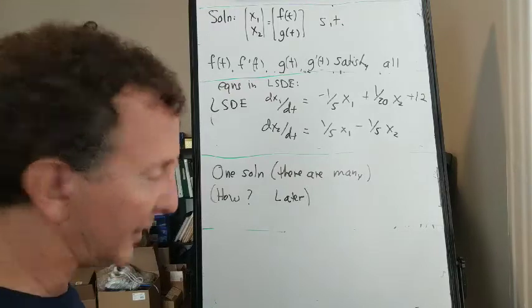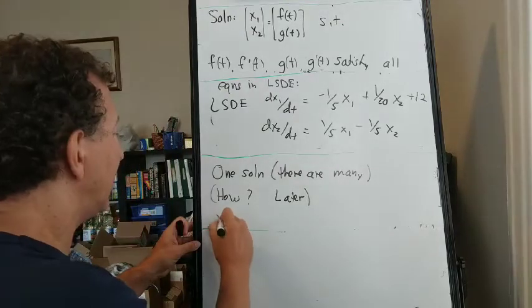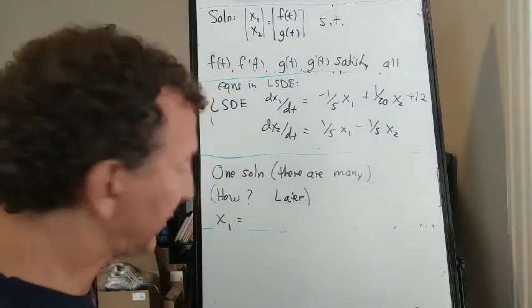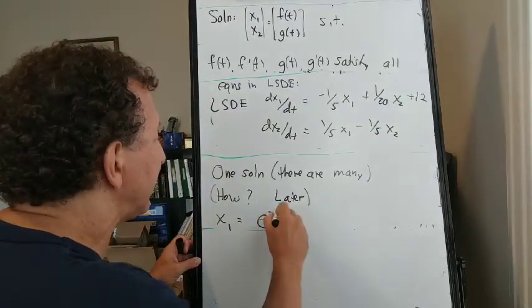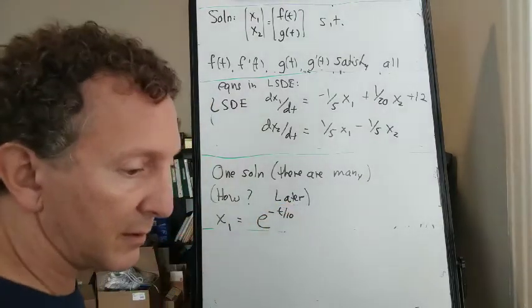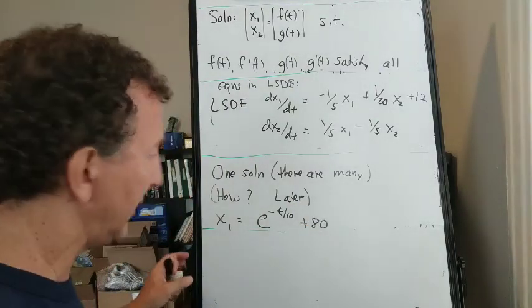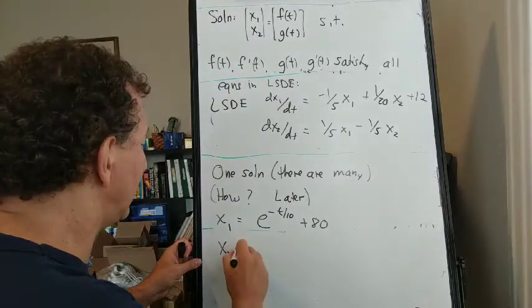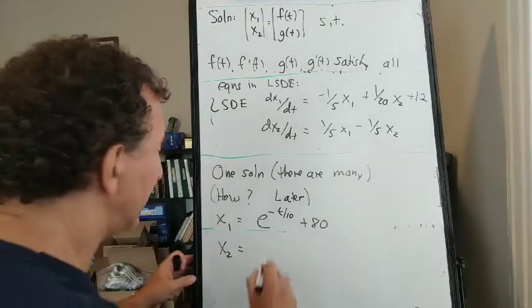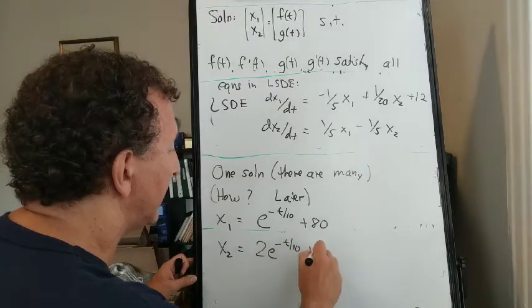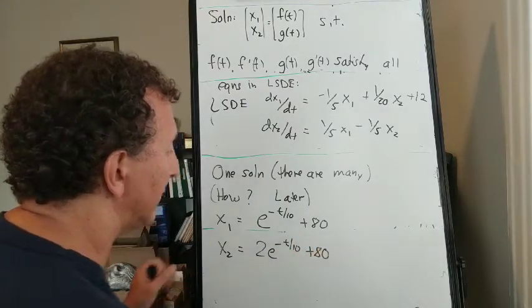So one solution is x1 equals e to the negative t over 10 plus 80, and x2 equals 2e to the negative t over 10 plus 80.